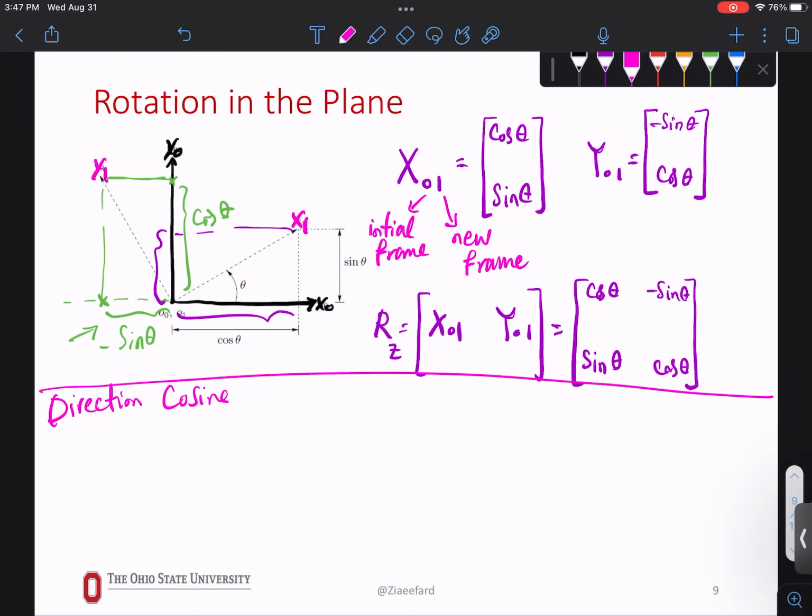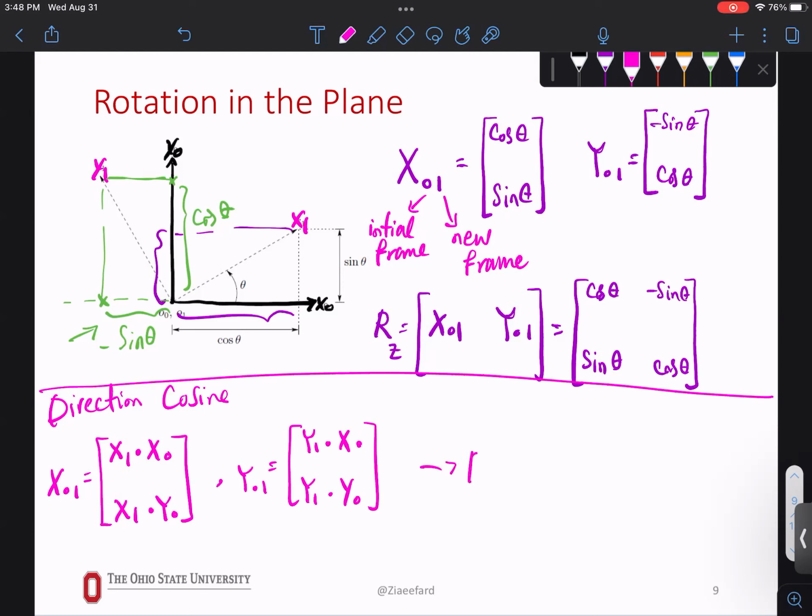So using direction cosine, x01 will be x1 dot x0. X1 is a unit vector, x0 is a unit vector, and then you have sine and cosine in it. Then you will have x1 dot y0, the projection of x1 onto x0 and onto y0. Your y01 is y1 dot x0, y1 dot y0.